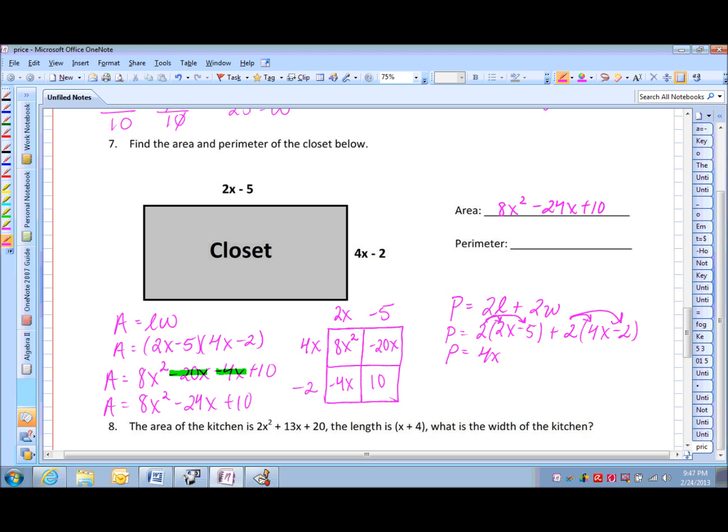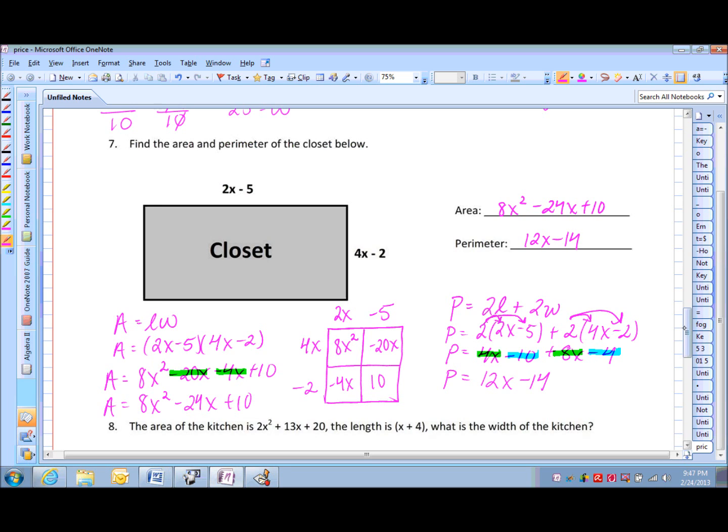So you end up with 4x minus 10 plus 8x minus 4. Now I combine my like terms, my x's and then my constants, and I end up with 12x minus 14. So my perimeter is 12x minus 14.